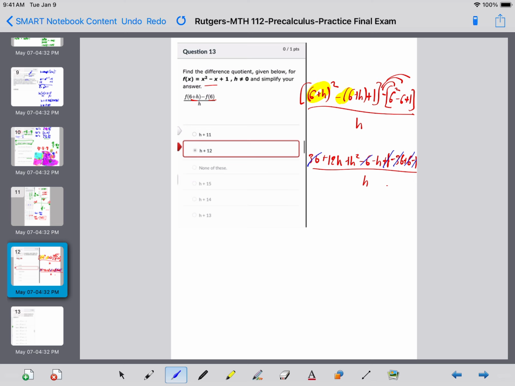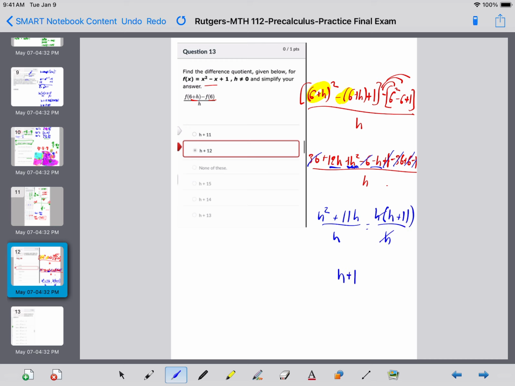I have h squared plus 12h minus h, which is 11h, over h. Could factor out the h in the numerator, so h plus 11 over h.